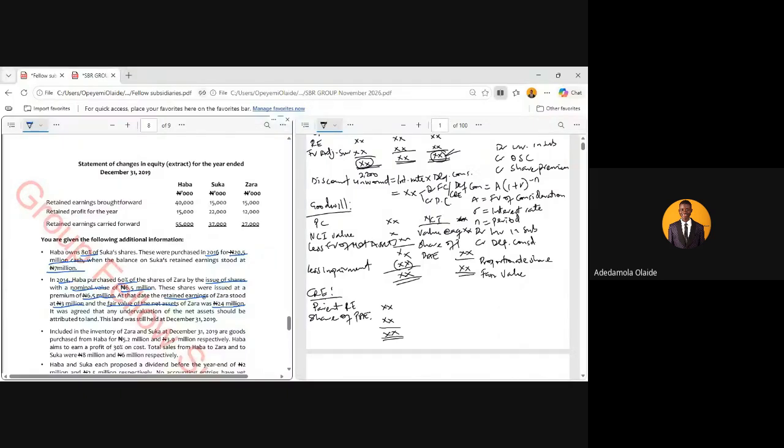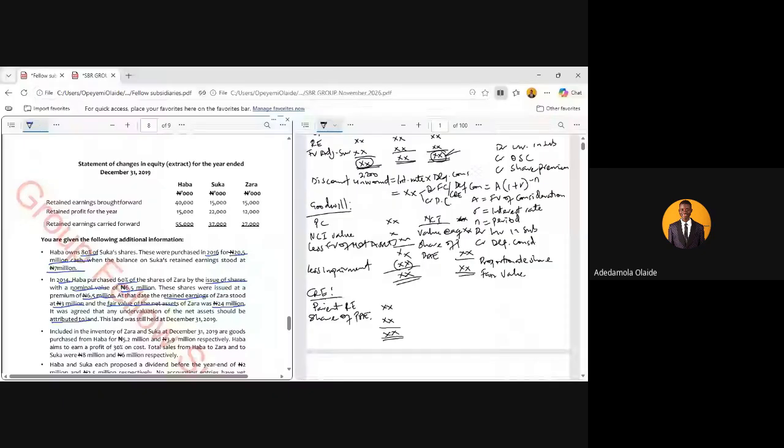They now said it was agreed that any undervaluation of the net assets should be attributed to the land. What do they mean by this statement? It simply means that if we do our own net asset working, the net asset at the date of acquisition will not give us 24 million, which is what they said is the fair value of the net assets on that day.